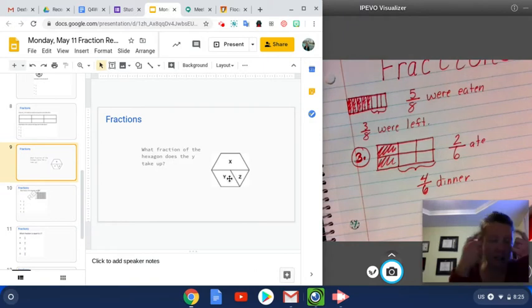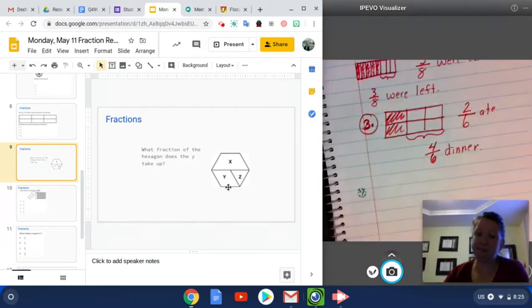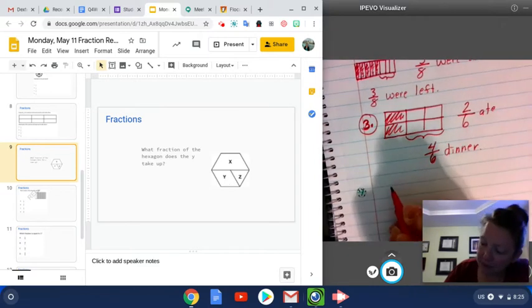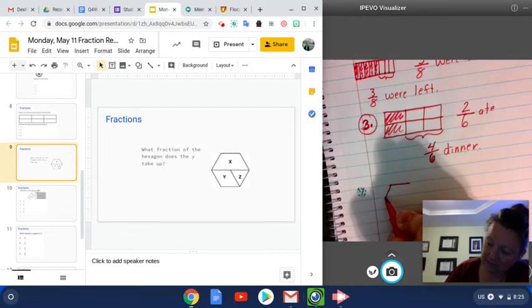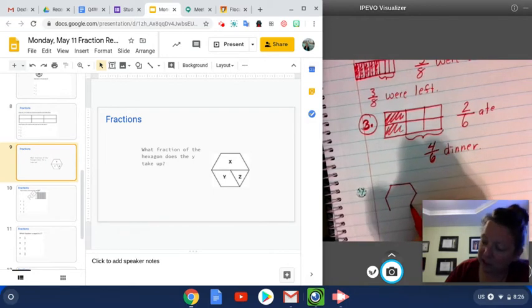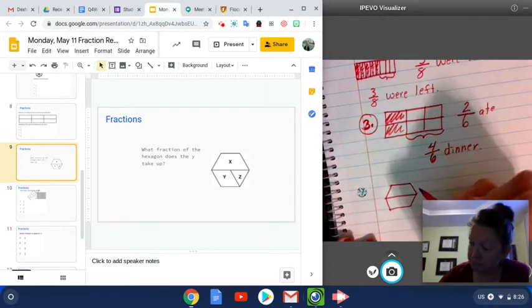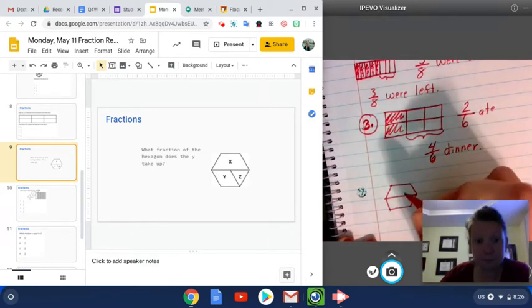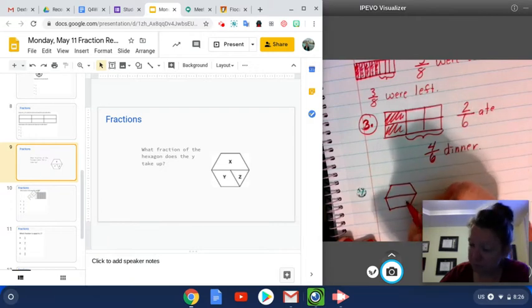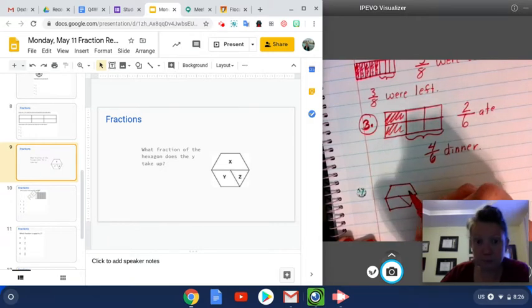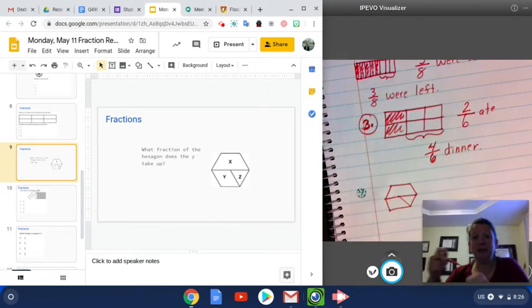Now here's where we need to imagine that this hexagon is filled with y's. And what shape is that y? Very good, a rhombus. So what they really want you to do is imagine this hexagon is filled with rhombus.